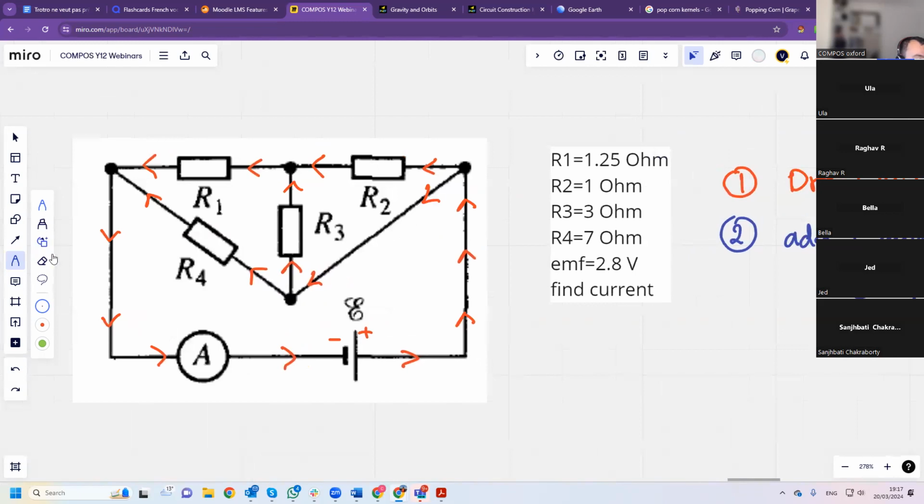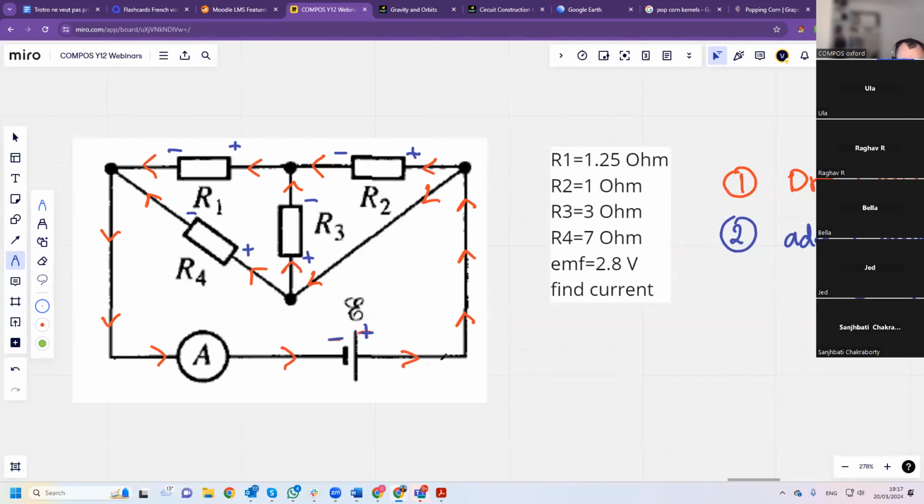So in the resistor, the current goes from right to left, this is plus and minus. For R3, current flows from plus to minus, so high potential to low potential. For the battery itself it's obvious: plus is high potential, minus low potential.